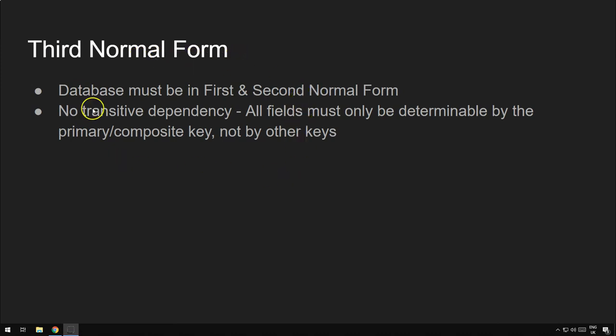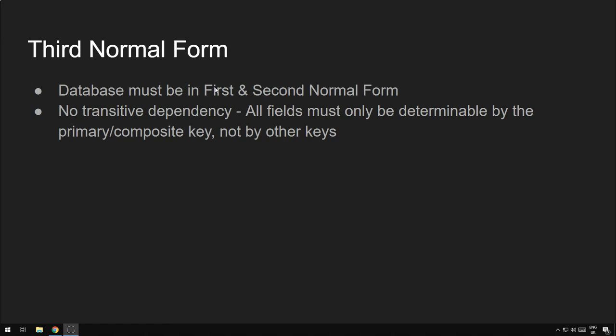It needs to be in second normal form. But of course, that also means it must be in first normal form, because the two go back. So anything that's in third has got to be in second, and anything that's in second has got to be in first. So it needs to tick all those other boxes.